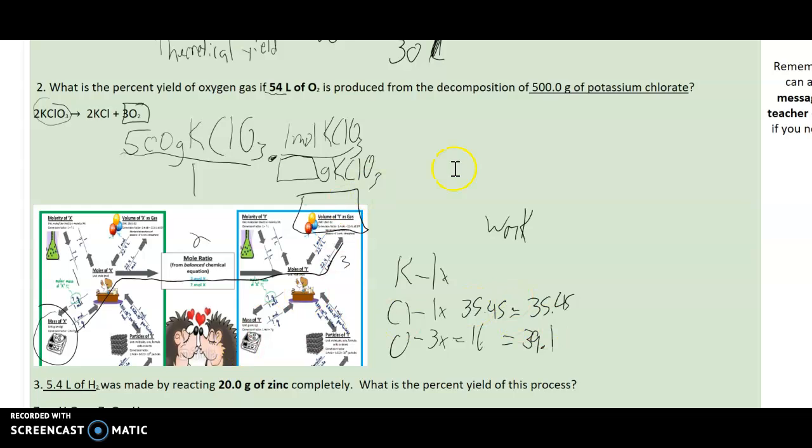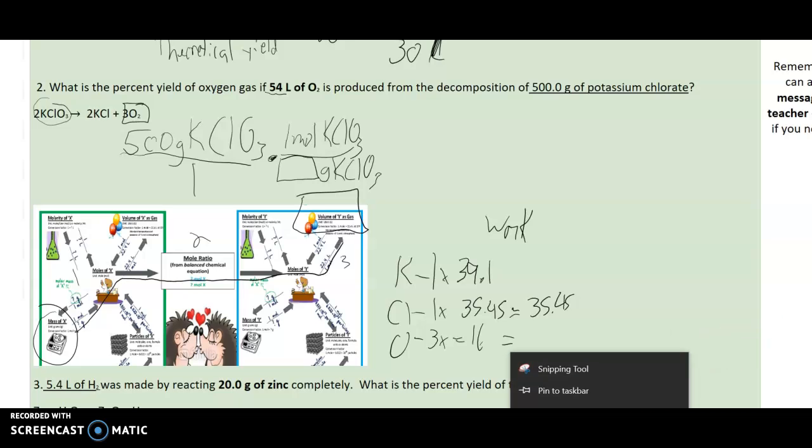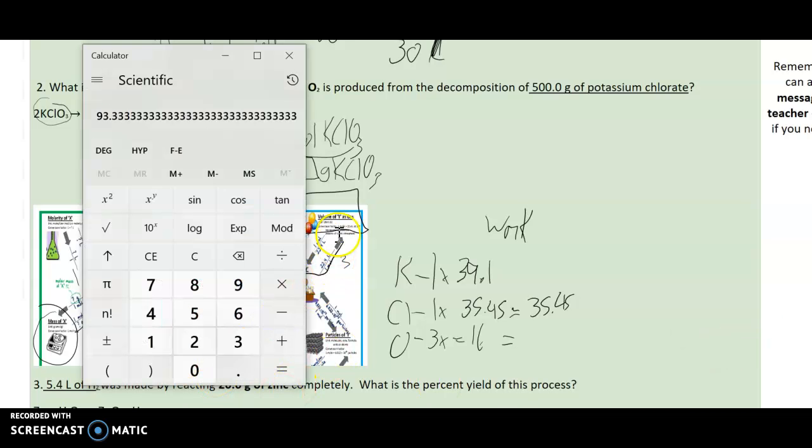Oh, and I totally just put that in the wrong place, so don't follow me step by step. That goes here. 39.1. Now I have to do a little bit of math. What is 16 times 3? 48.